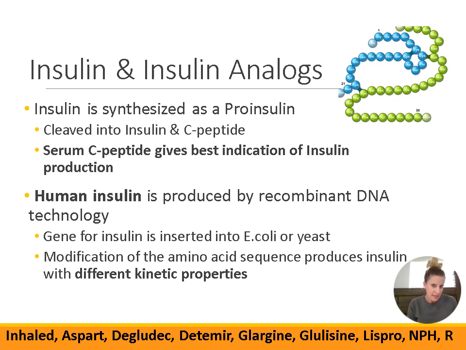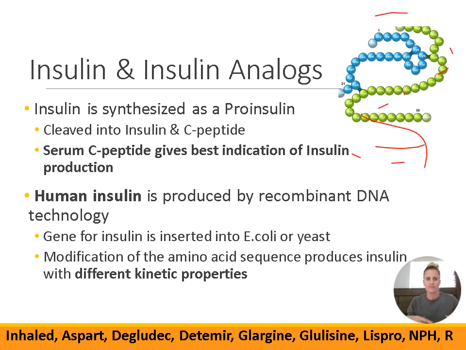is synthesized as something called proinsulin. If you look at this picture here, you can see there's this blue component and then there's this green component, and they're attached to each other. That's the proinsulin. Proinsulin gets cleaved or split into insulin and C-peptide.